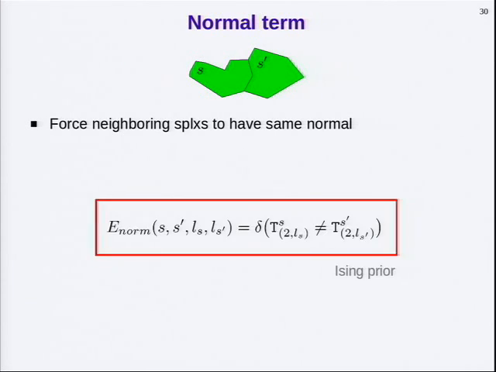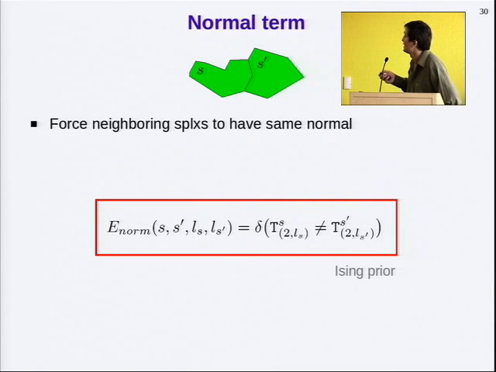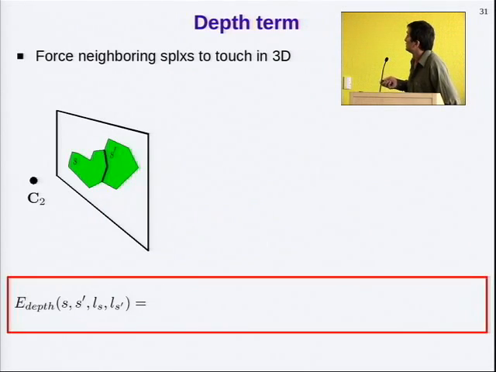We say to the solver, if you decide to put the same normal on both of them, you will not pay anything, it is for free. But if you decide to put one normal here and another normal here, you will pay for that. Then the last term, called the depth term, is the term for forcing neighboring superpixels in the image to touch in 3D.